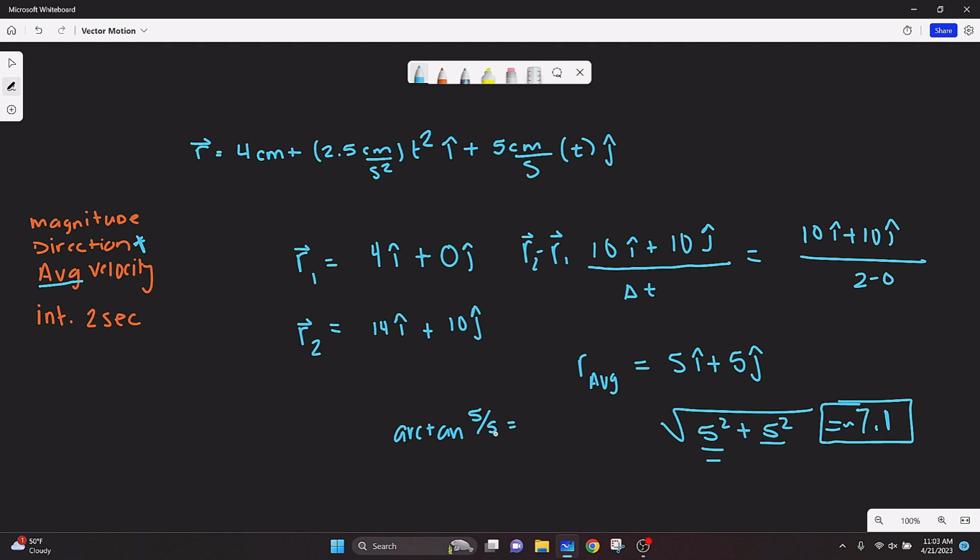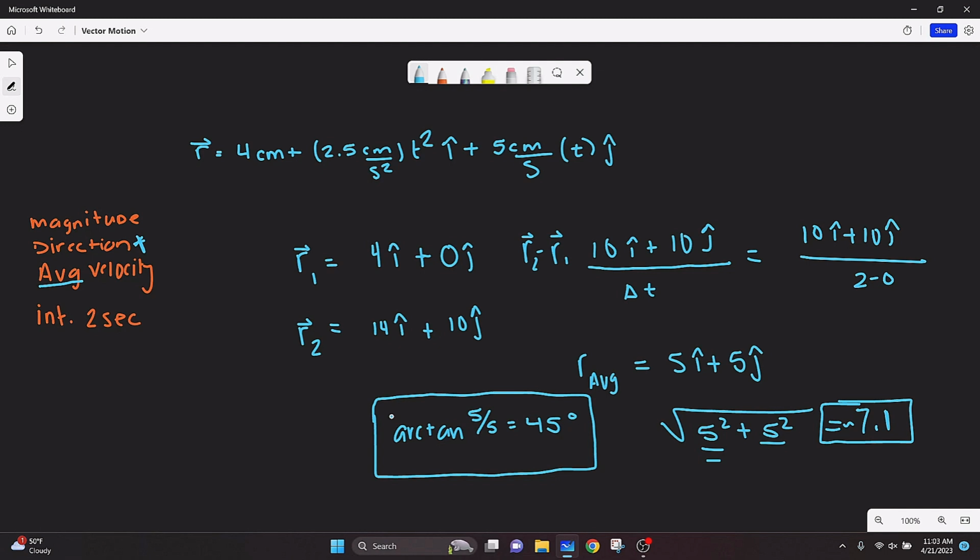So we do 5 over 5, and arctangent should give us the angle. The arctan of 5 over 5, or just 1, is exactly 45 degrees. Let's see if I am correct. Yep, according to the book, that is the answer.